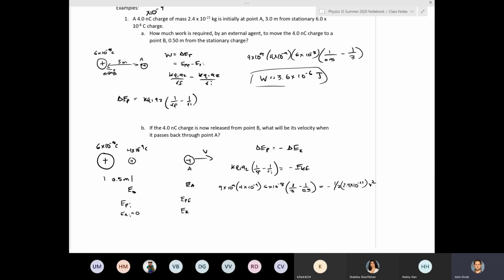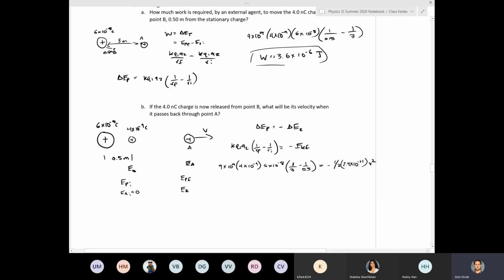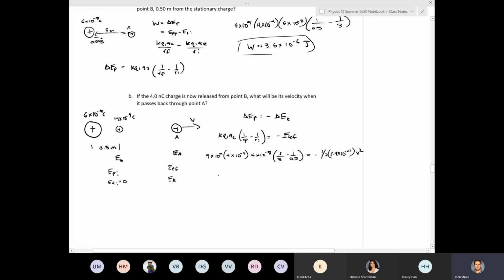Instead of going from 3 to 0.5, it's going from 0.5 to 3. And so it stands to reason that this side of the equation should be negative 3.6 times 10 to the negative 6. I'm not going to write joules. Because it's the exact opposite work. Instead of inputting that work, you're releasing that amount of energy. So that should make sense.